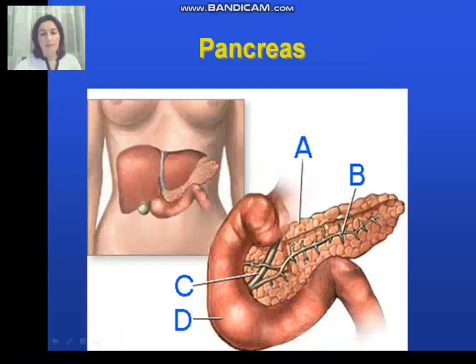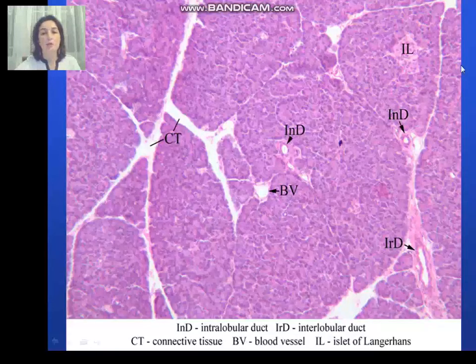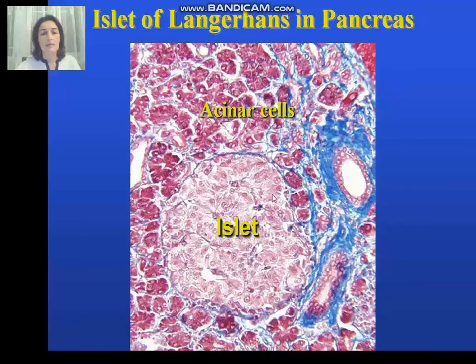The pancreas also has endocrine cells. Here we have to know that in the pancreas we have islets of Langerhans, and hormones are produced here also. Here we are looking at the histological slide, and those are acinar cells, that is the exocrine pancreas.